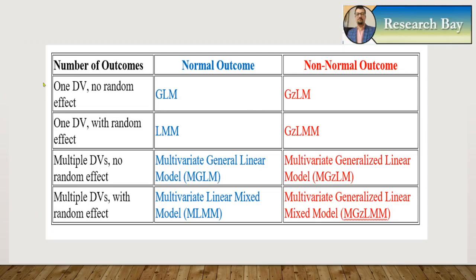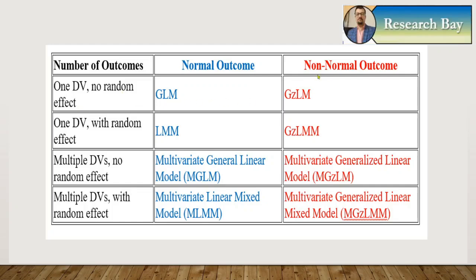You see here, depending on the number of outcomes and whether that outcome is normal or non-normal in nature, we can classify these models into different categories. If you have one dependent variable and no random effect, it is known as general linear model.